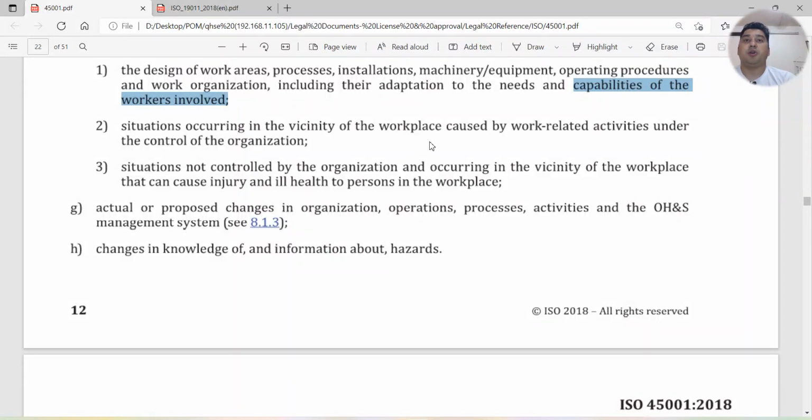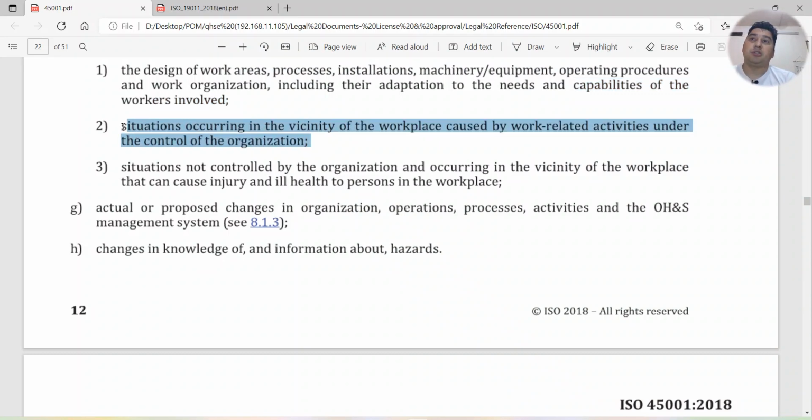Situations occurring in the vicinity of the workplace caused by work-related activities under the control of the organization. When you are identifying the hazards, you don't have to consider only the other people being affected by your work. You need to consider yourself also, how you are going to be affected by other people's work, your neighbor's work.